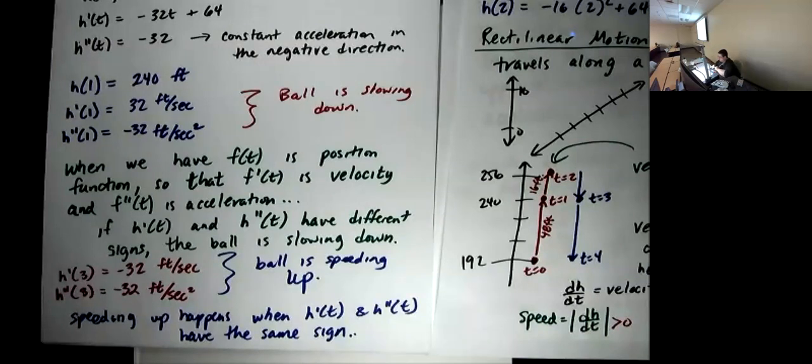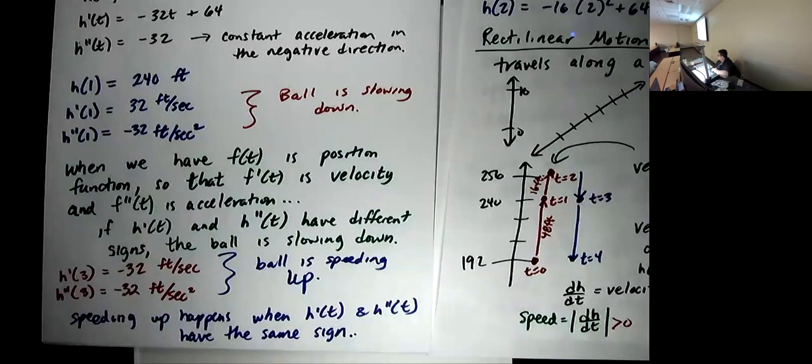And when we're doing these derivatives, this is more of the instantaneous velocity and instantaneous acceleration. A lot of times we talk about velocity or speed. When we say 55 miles per hour on the freeway, unless you've got cruise control set, you're not maintaining 55 miles per hour the whole time.